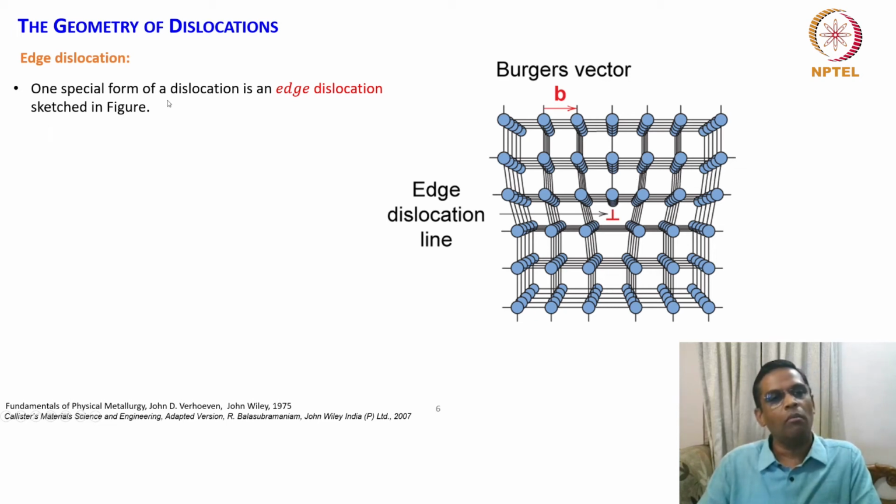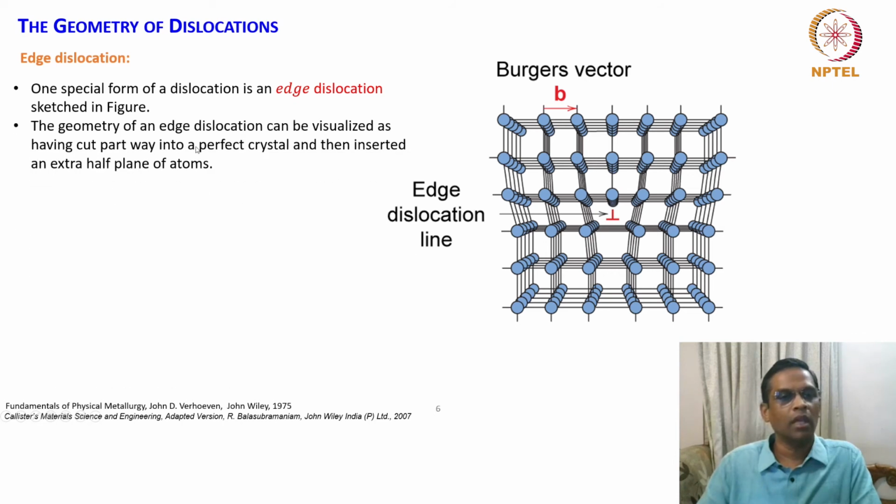One special form of dislocation is the edge dislocation shown here. The geometry of an edge dislocation can be visualized as having cut a part away in a perfect crystal and then inserted an extra half plane of atoms.